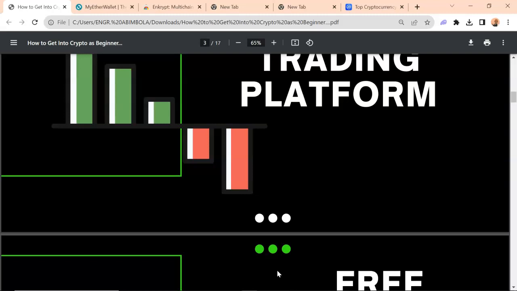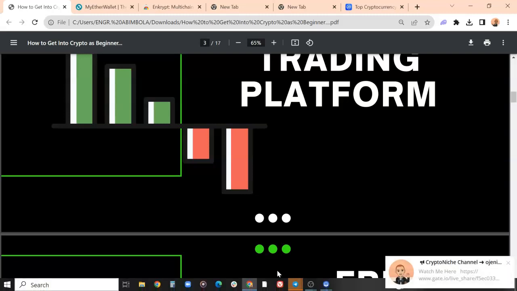Then you can see my screen also here. Let me see if I can share this screen. You can also see my screen right there.